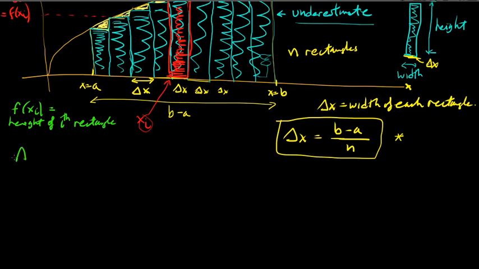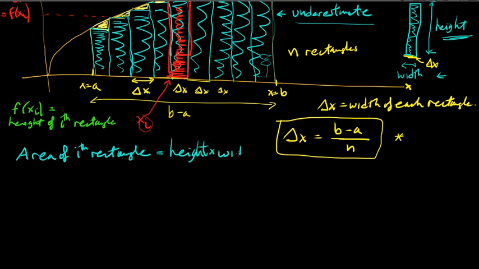So now the area of the ith rectangle, well, remember, it's the width times the height. Let's do the height times the width.